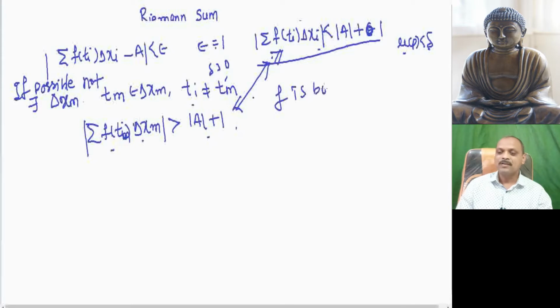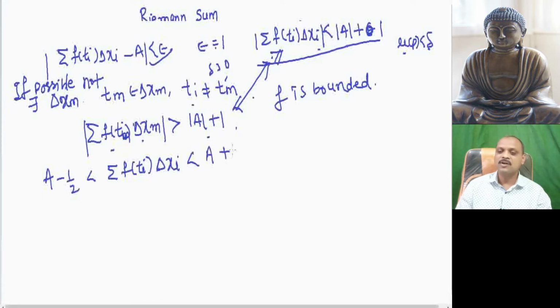Okay, now as f is bounded, we can write this inequality by using the modulus property: A minus 1/2 epsilon is less than the summation of f(ti) Δxi, which is less than A plus 1/2 epsilon. This is for all values of epsilon, so we can take 1/2 epsilon.